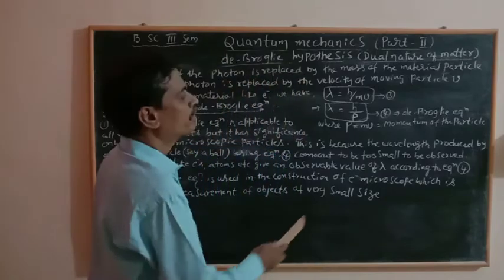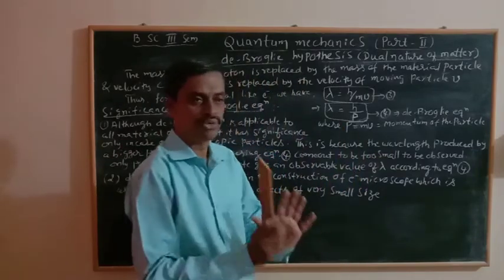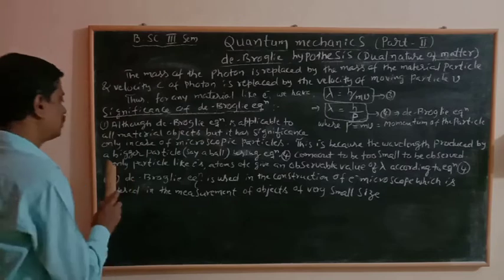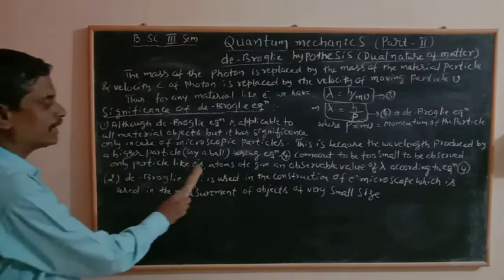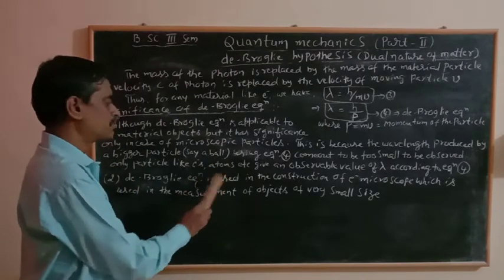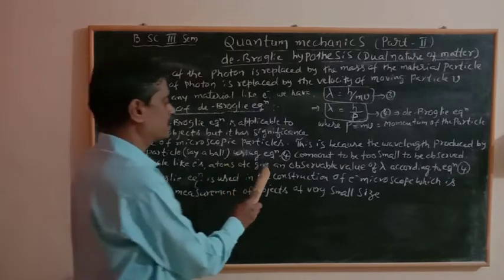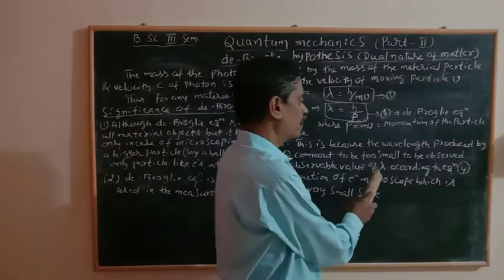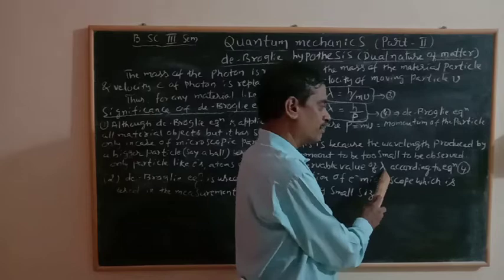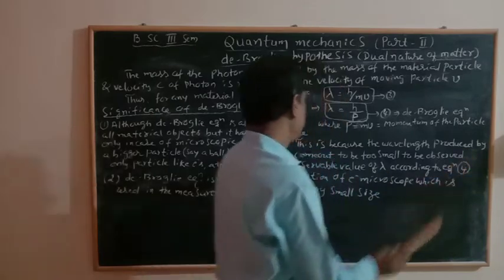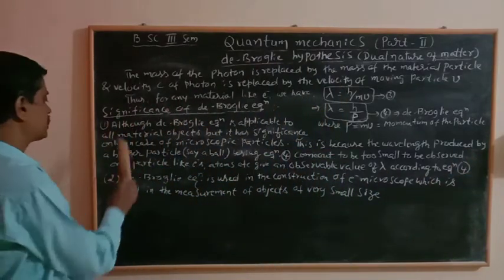The value calculated for this wavelength for bigger particles is very, very small. Only particles like electrons, atoms, microscopic particles, etc. give an observable value of lambda according to equation 4. This is significance one.